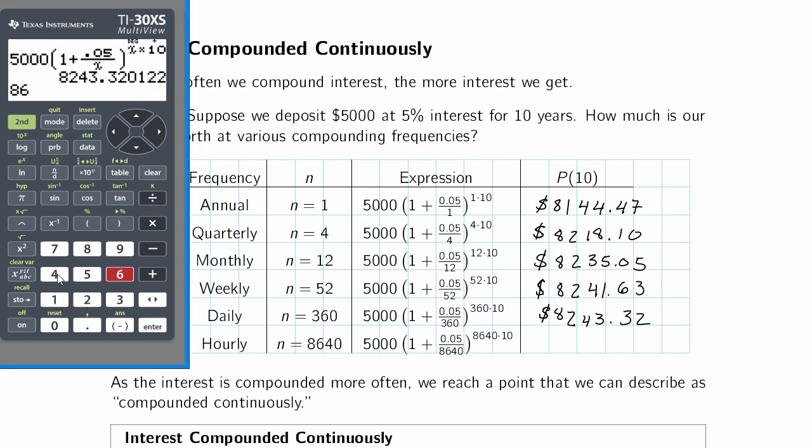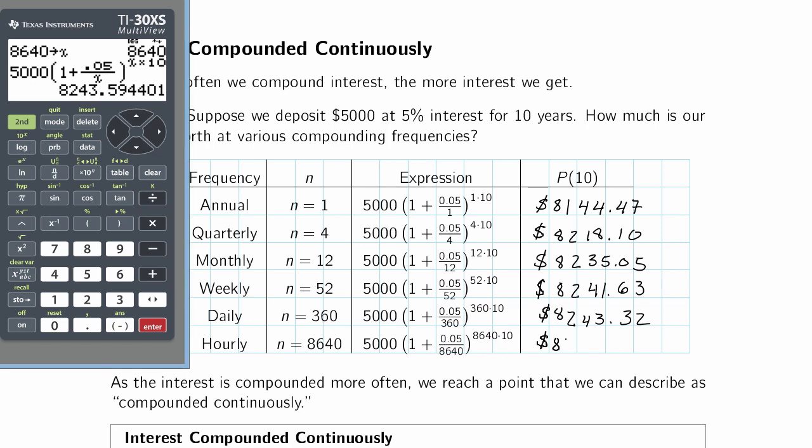So 8,640, we get $8,243.59. Okay, that only gained us a few cents.